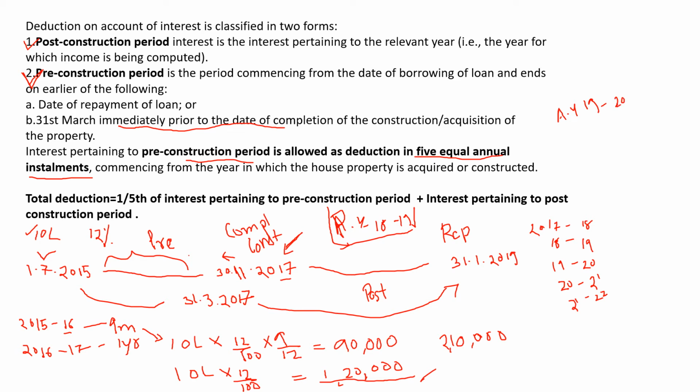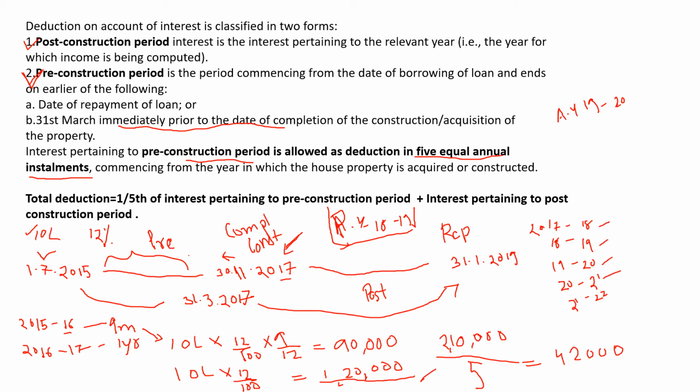So previous year interest of these pre-construction period interest is how much? 2,10,000 divided by 5. For 5 installments we will be getting, and it comes out to be 42,000. That means 2017-18 we will be getting 42,000, 18-19 42,000.